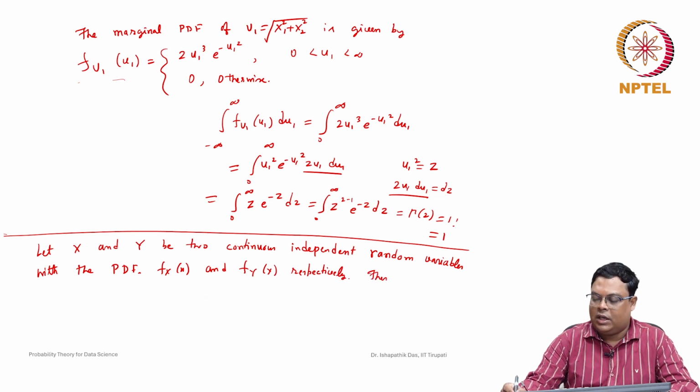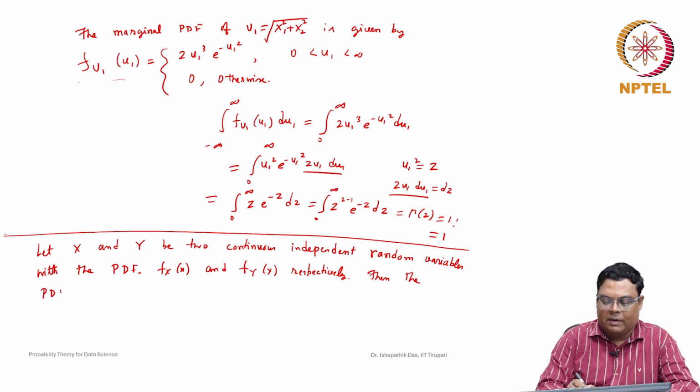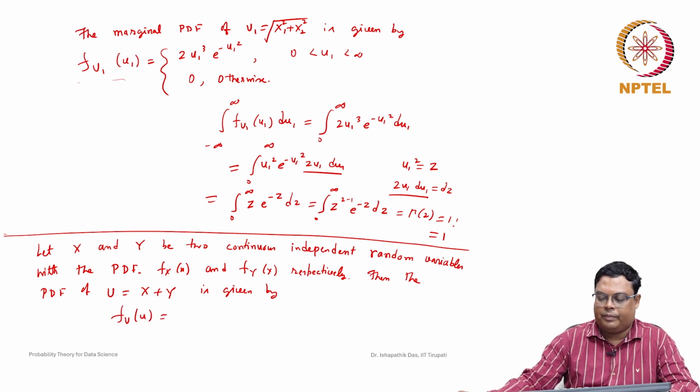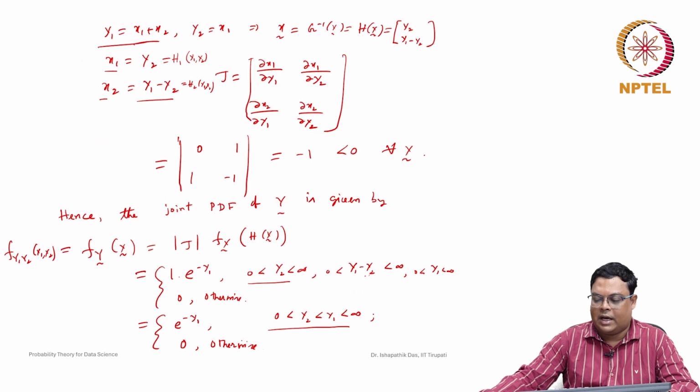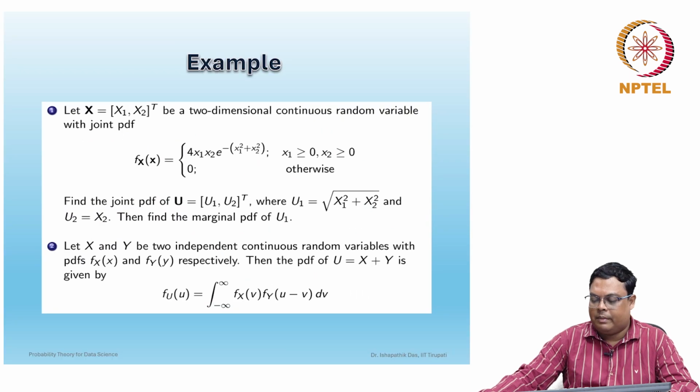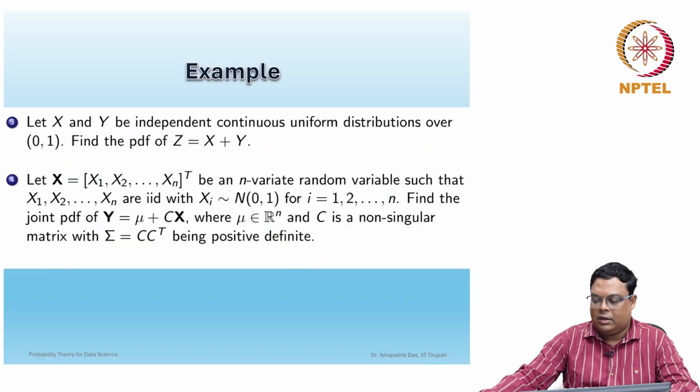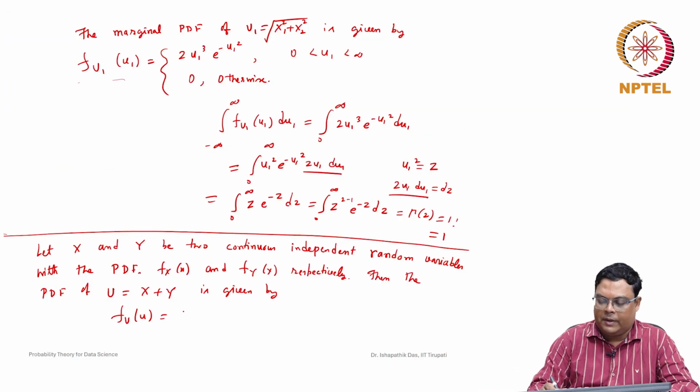Then the probability density function of u equal to x plus y is given by: f of u is equal to the integral from minus infinity to plus infinity of fX(v) fY(u minus v) dv.